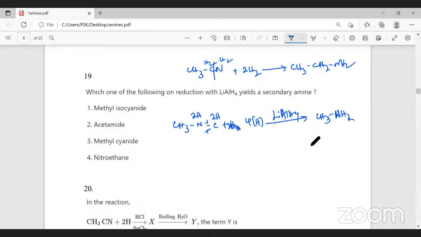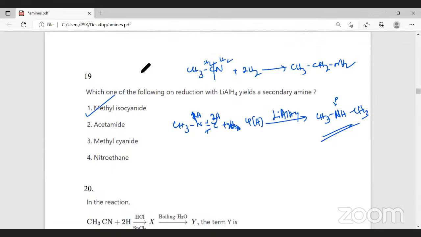We'll have NH here because nitrogen valency is 3, NH, and we will have CH3. So 3 hydrogens here, and here it's 1 hydrogen. So you will get a secondary amine. This nitrogen is a secondary nitrogen atom because it is bonded to 2 carbon atoms. Hence, the answer for this question is methyl isocyanide.